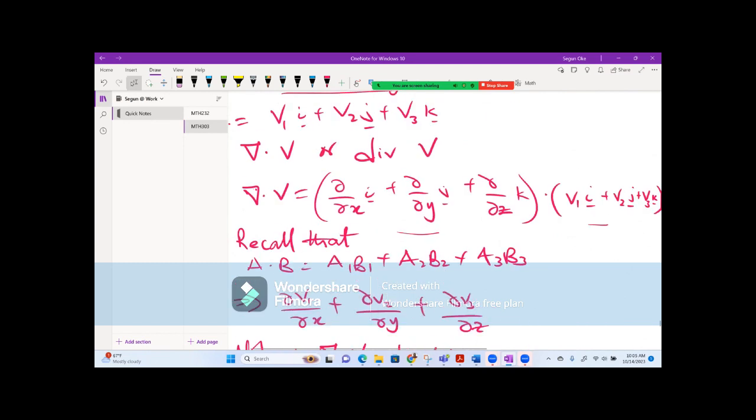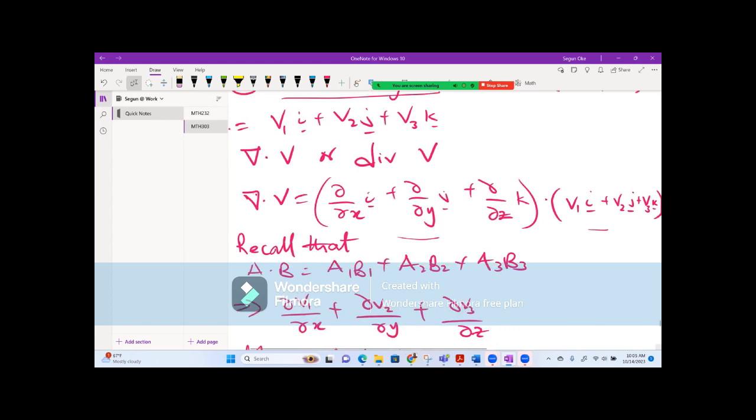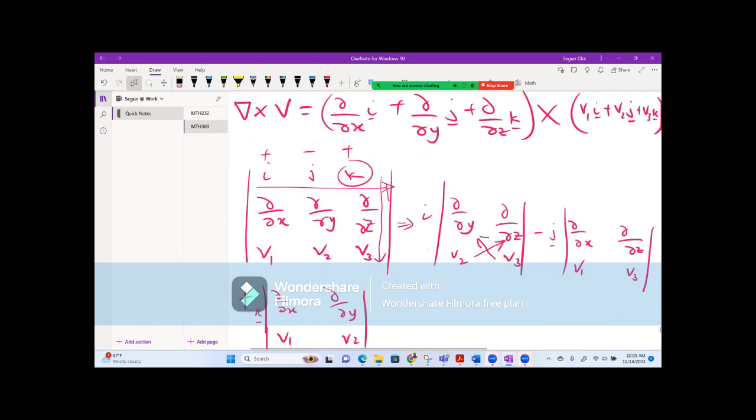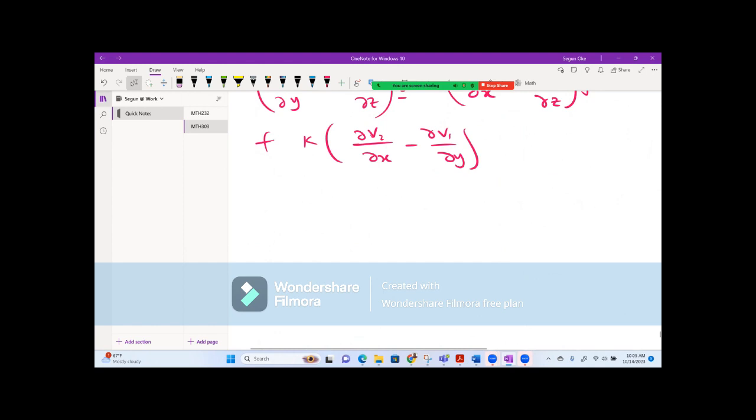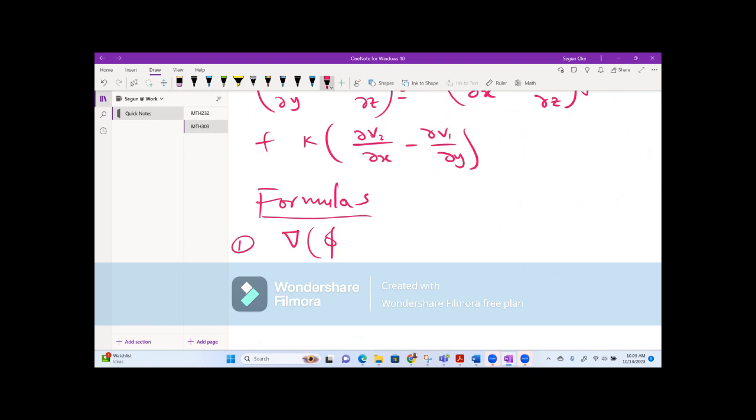But let's quickly look at some laws, some formulas that govern them, so that we see how to use them. Then we look at the example. Number one: del of phi plus psi is the same thing as del phi plus del psi.